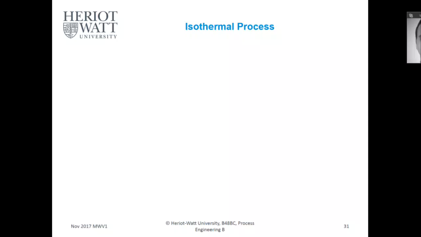So, isothermal processes. This is where your temperature remains constant, right? We're just going to go through the equations to teach you the concept. It's the exact same process, the same equation, PdV, and you derive it for constant temperature.